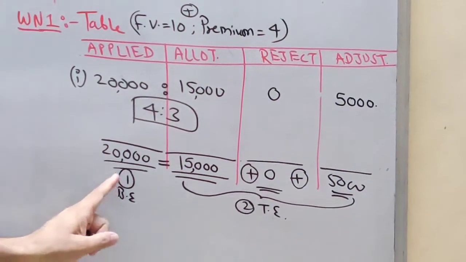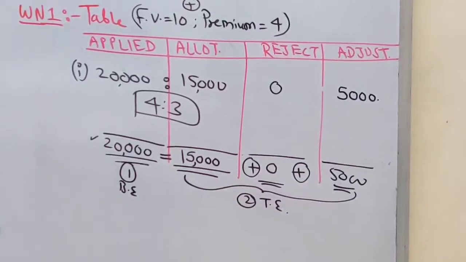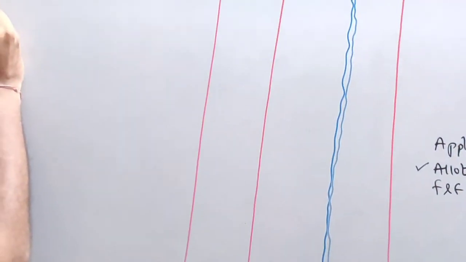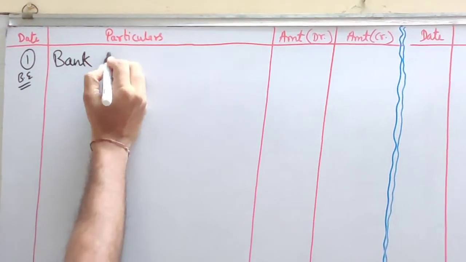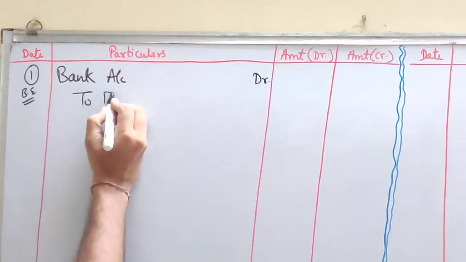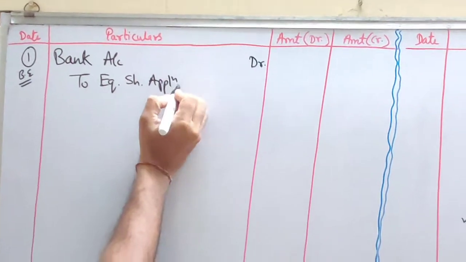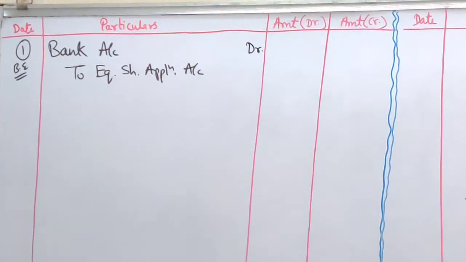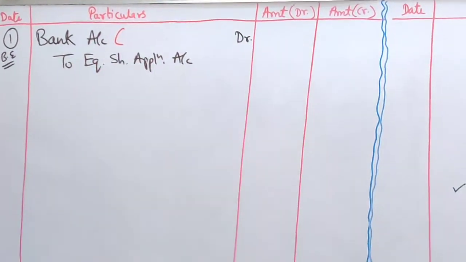So let's pass the first entry, the bank entry, with these 20,000 shares. So what will be your bank entry, students? Now it's very easy for you all. Bank entry for application. Bank account debit to equity share application account. Let's write down the working in brackets. So how many shares will you consider?